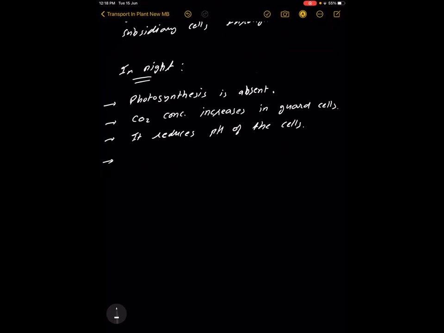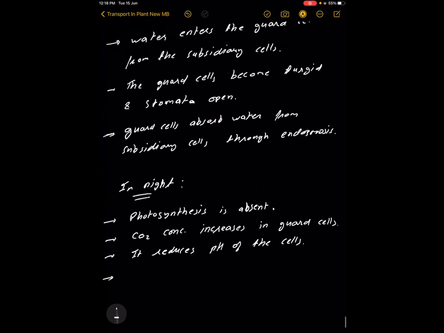Thus, abscisic acid is active in presence of CO2.